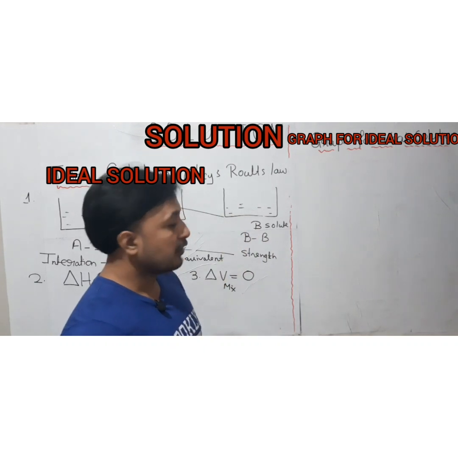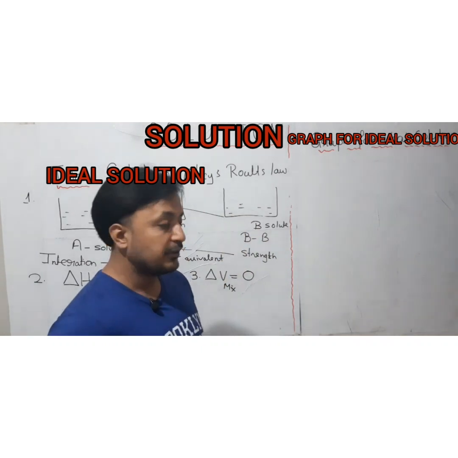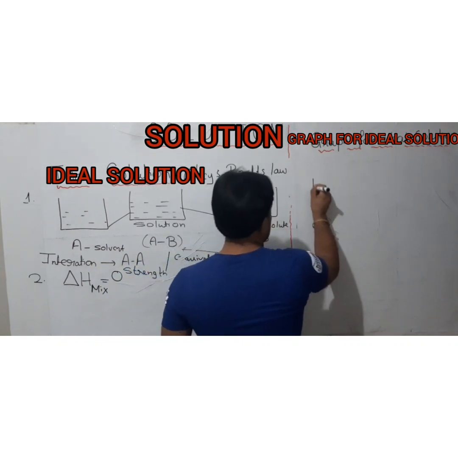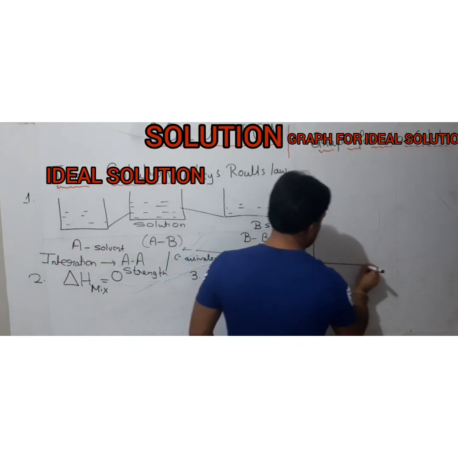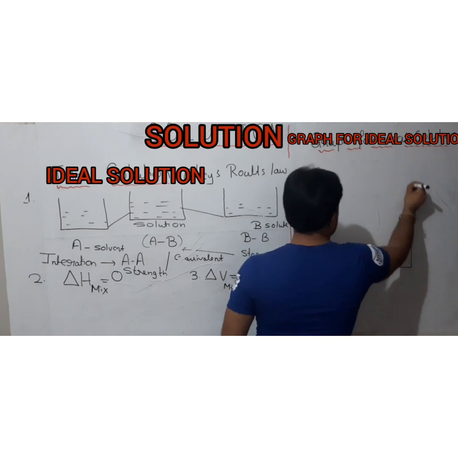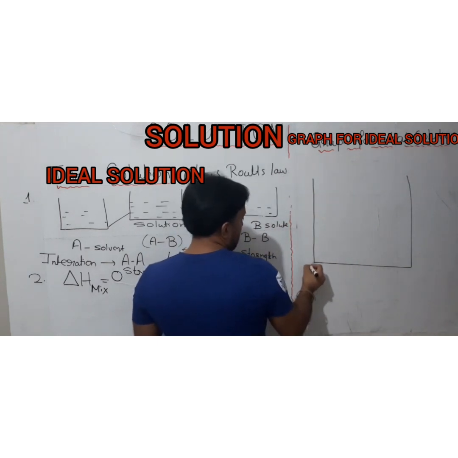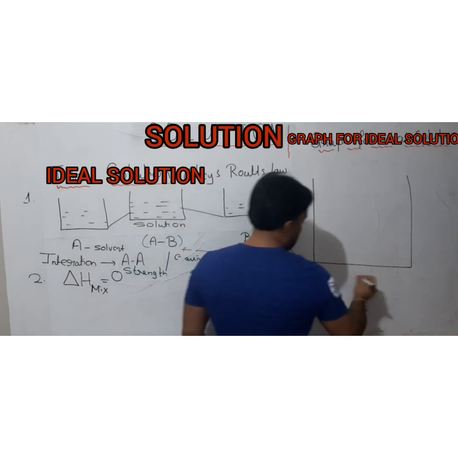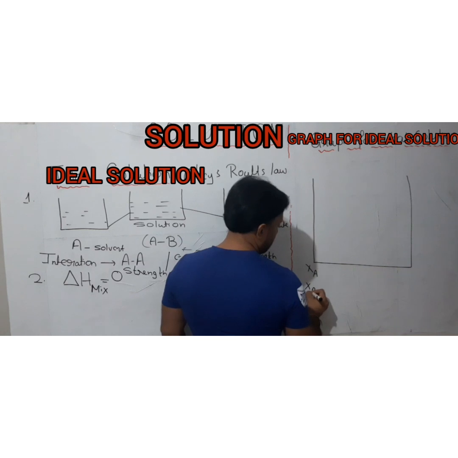Now there is a graph for the ideal solution to show how the vapor pressure is going to vary, so I am going to show you. Suppose this is the graph, and here our one component XA is there and XB is also there.